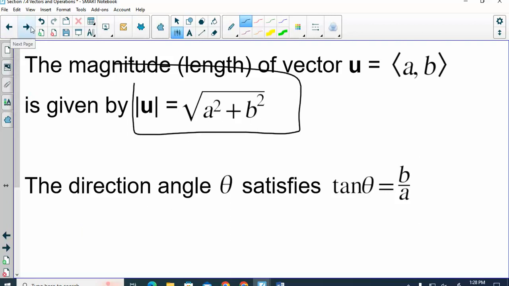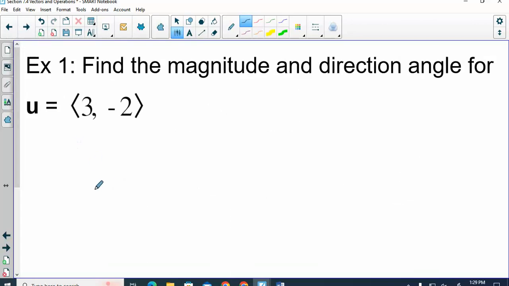Let's look at a problem. I want to find the magnitude and the direction angle for vector u equal to 3, negative 2.